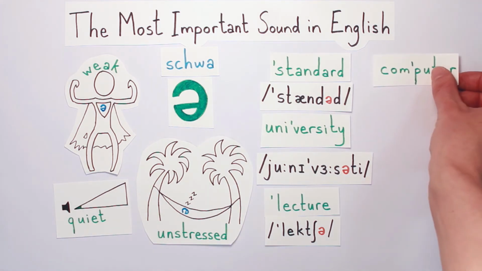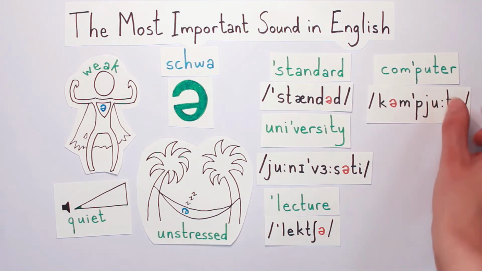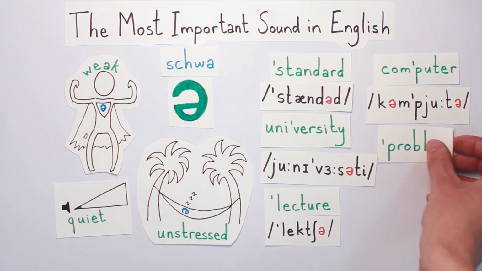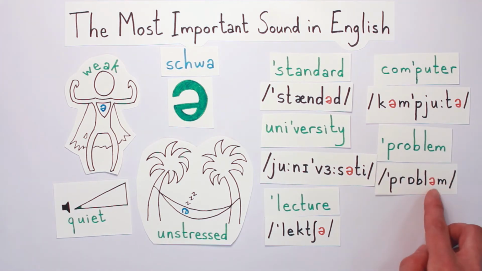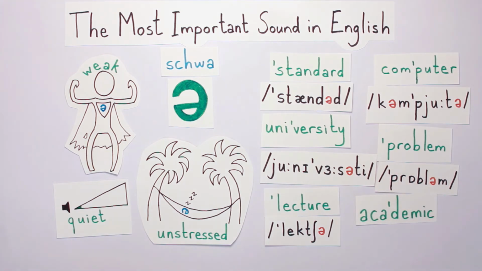Computer, computer. Here we've got two of these sounds, computer. Problem, problem. Here it is at the end again, problem. And finally, academic, academic.